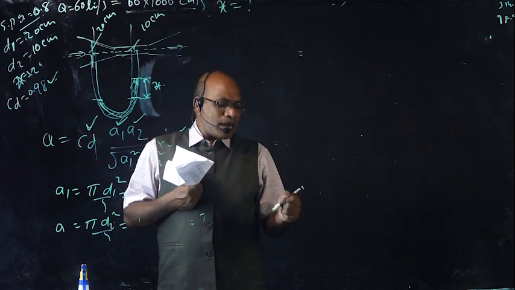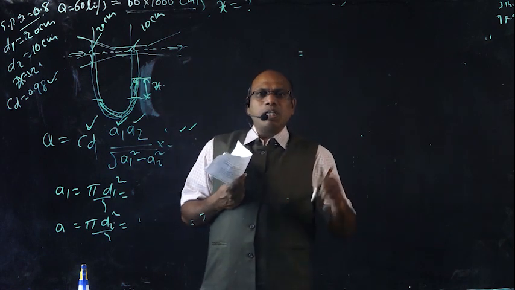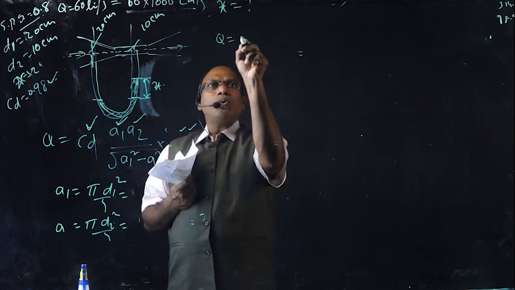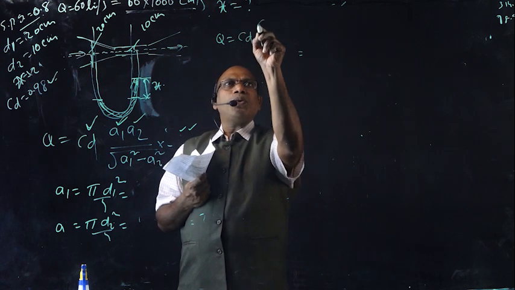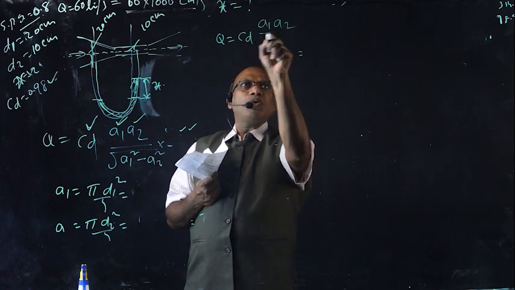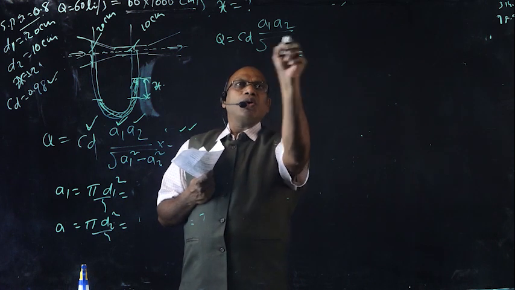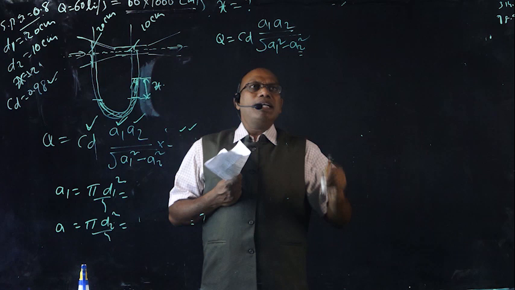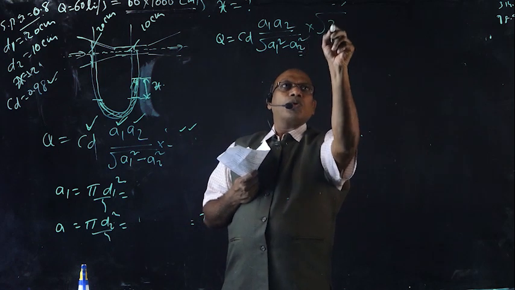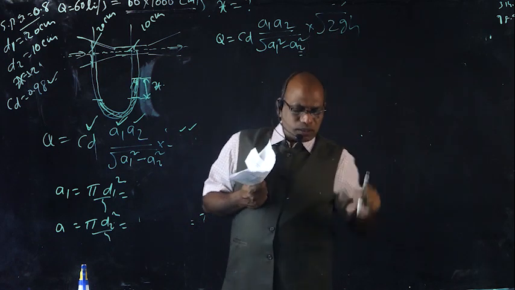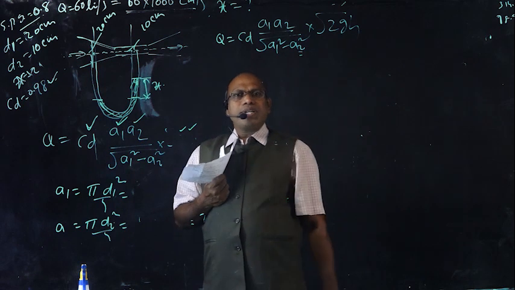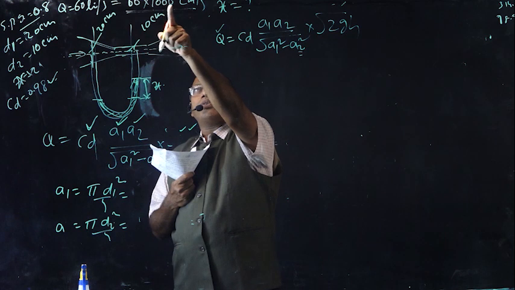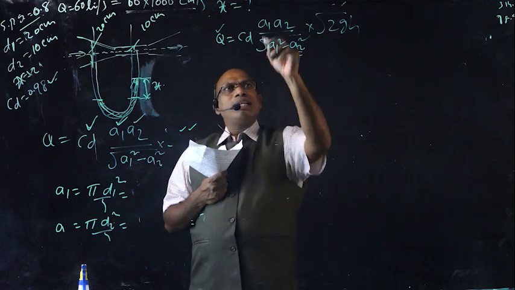Now we have one standard formula with respect to pressure head, that is Q equal to CD into A1 A2 divided by root A1 square minus A2 square into root 2GH. In this equation, discharge is given, that is equal to 60 into 1000 centimeter cube per second.